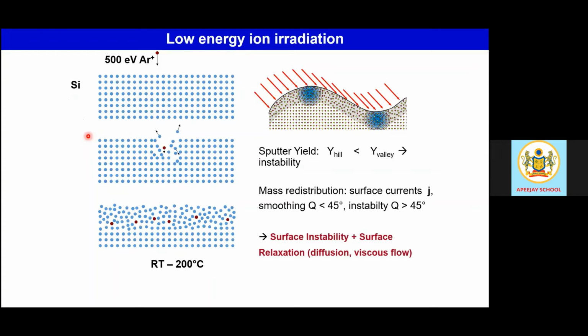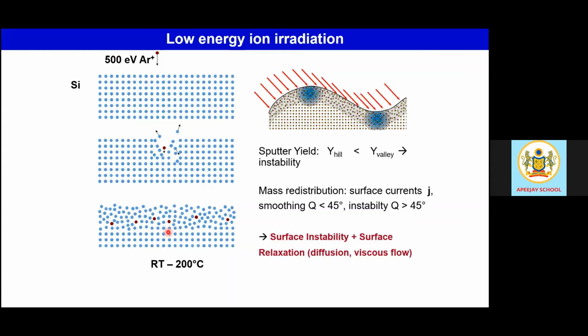Now, for low energy ion irradiation, we have already seen a more visible way to visualize it. As the energetic ions fall on a target, physically the surface will be eroded, or sputtering will take place, and at the same time the ions will go inside, and atomic redistribution will also take place.